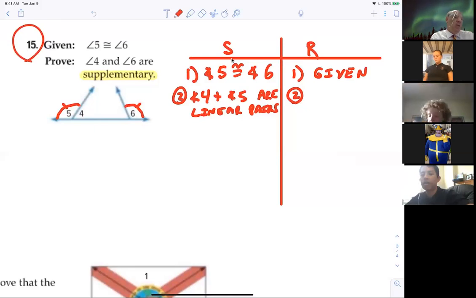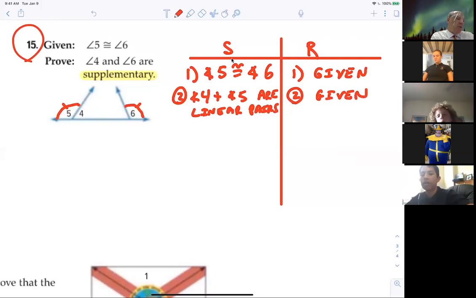If we look at the definition of linear pair, it just says they are what? They're supplementary. Does everybody agree with me on that? But we have to actually say angle 4 and 5 are linear pairs. And if you want to, we could have said that's given from the figure. Does everybody see that?